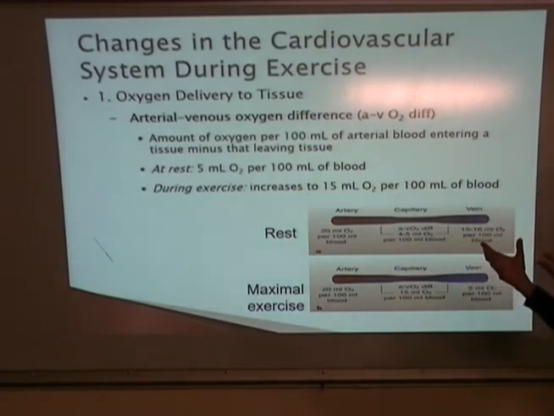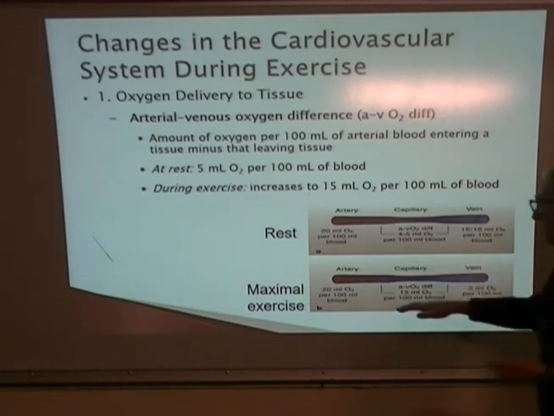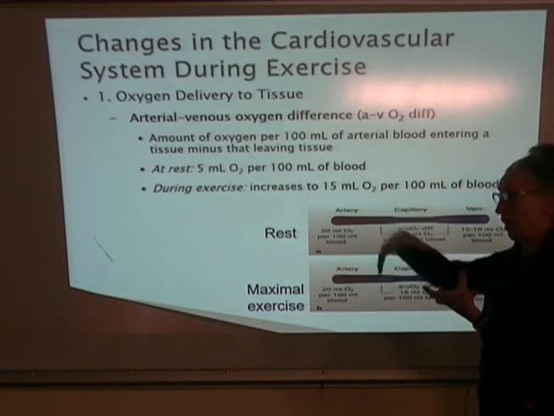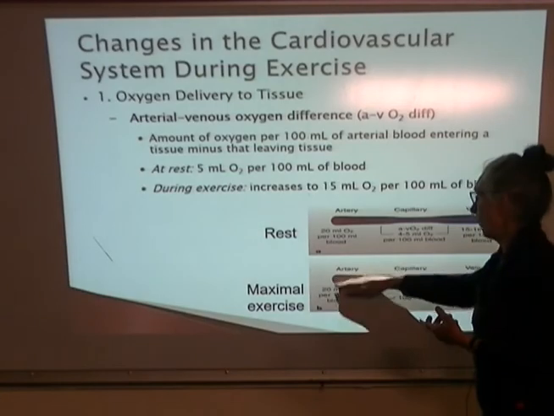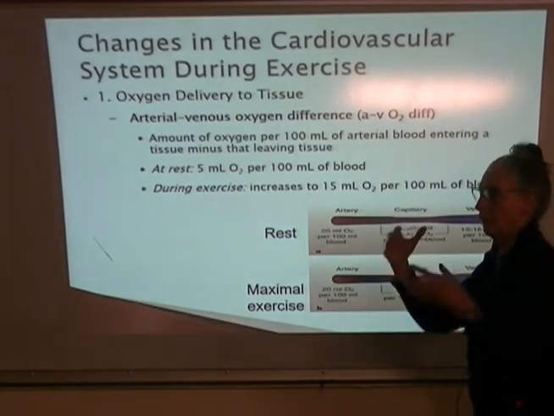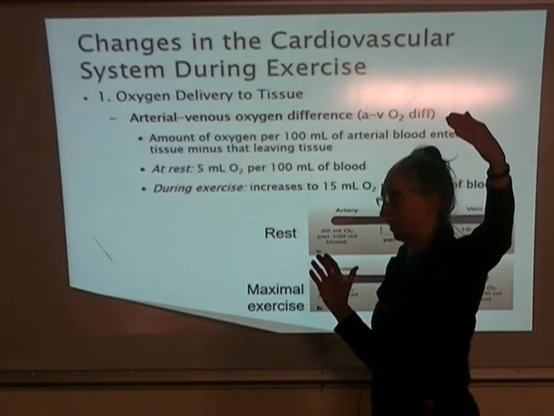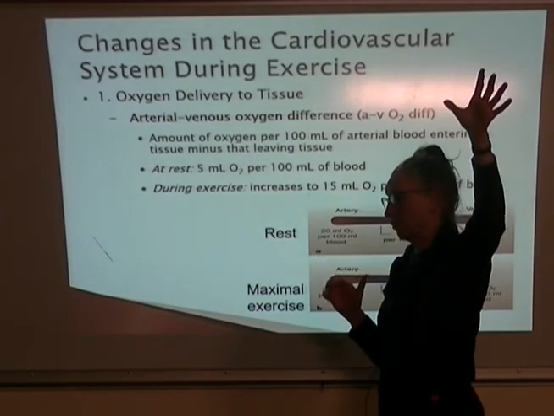Then I go and exercise. And in this case, it's quite dramatic, I'm working quite hard. The oxygen saturation in the artery can't change on that day. The only way that can change is if there are more red blood cells and more hemoglobin, which is a training effect over time if you're at altitude.